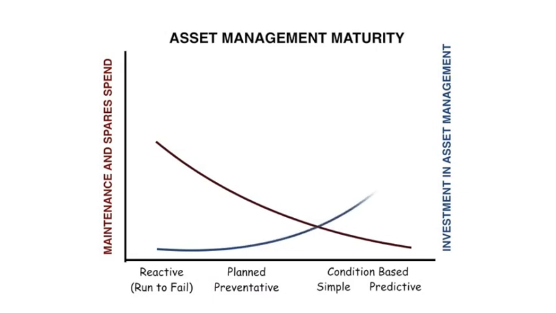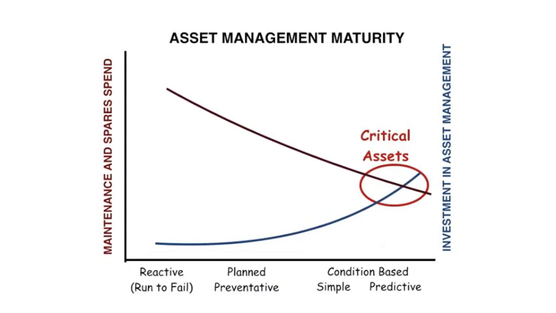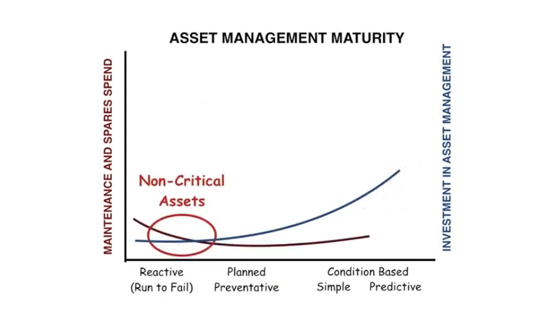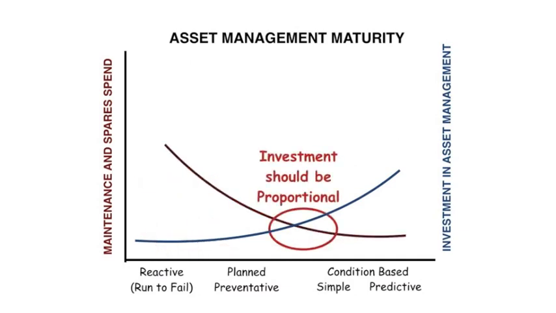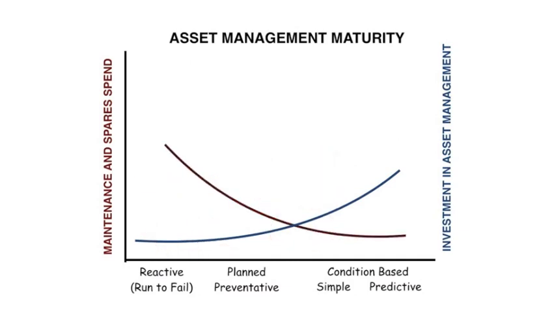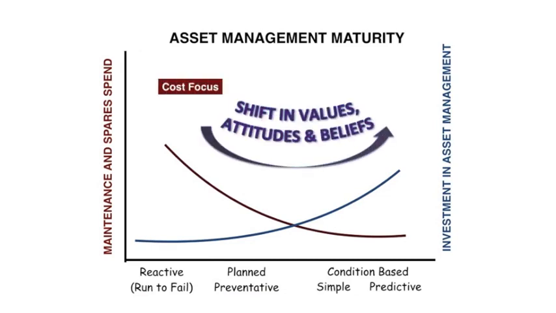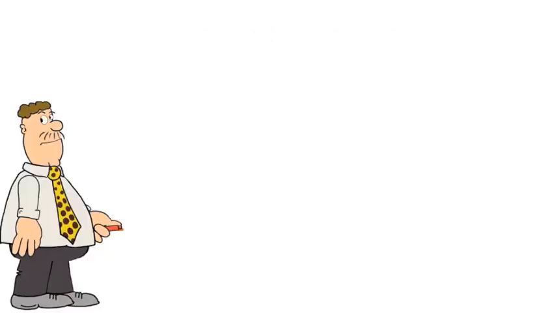An investment in people, processes and technology in asset management is needed to achieve these benefits. And the strategy for each type of asset should be proportional depending on the criticality of the assets. A mature organisation will employ a range of strategies, and in doing so will move from considering asset management as a cost on the organisation to considering it as an investment.